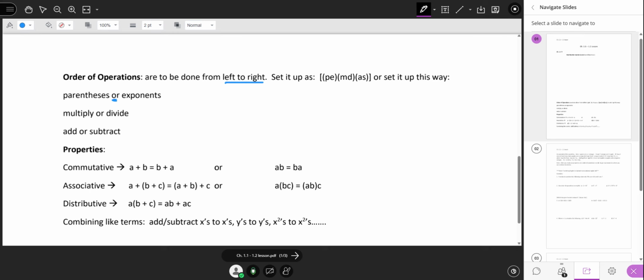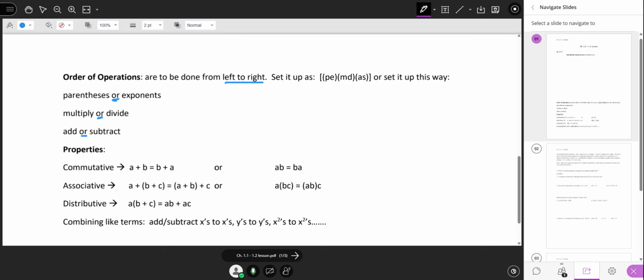Parentheses, and notice the word or, exponents. Multiply or divide, add or subtract. So if you come to multiply before divide, then you do the multiply. But if you come to the divide first, you do it before you do multiply.